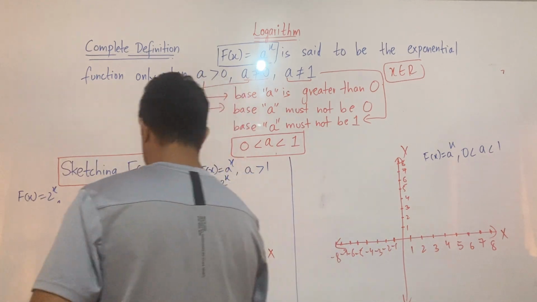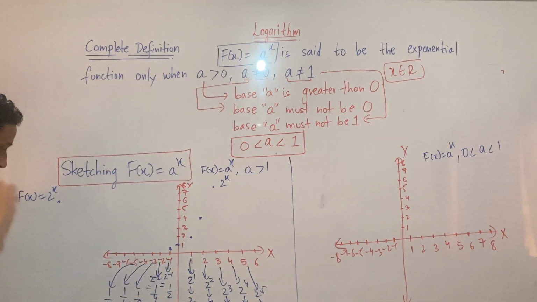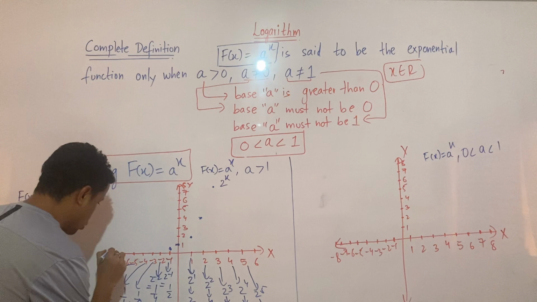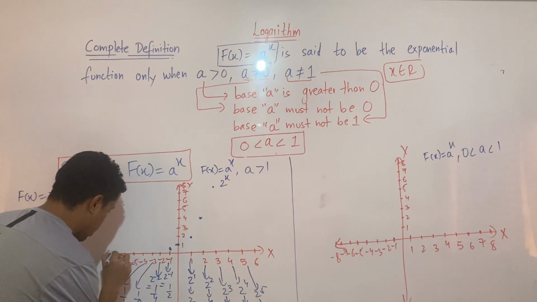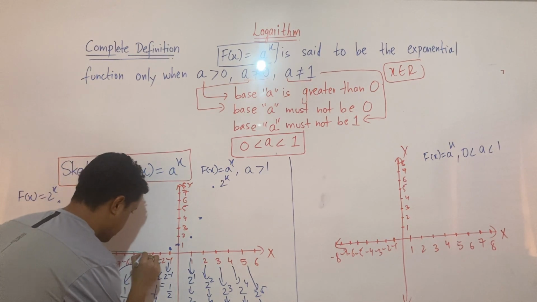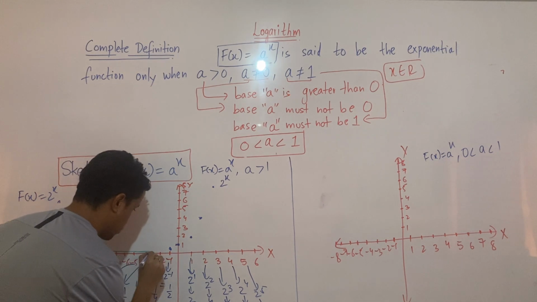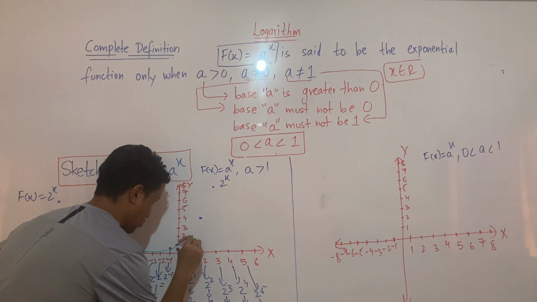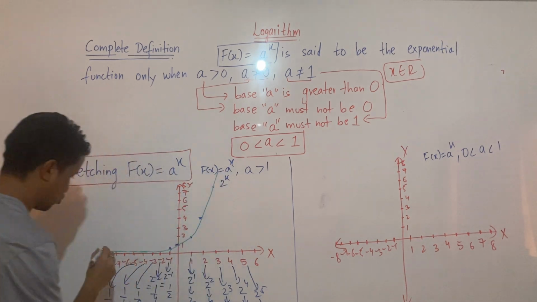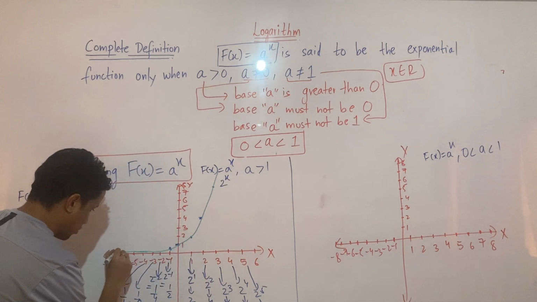So if I draw the graph for 2^x, it's going to be like this.